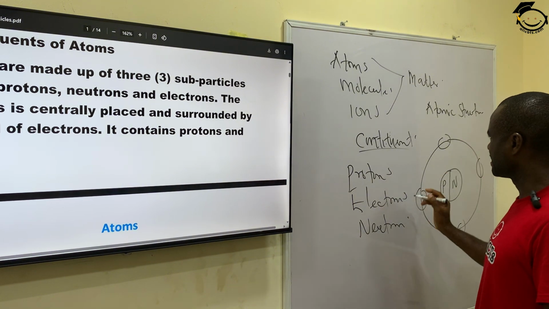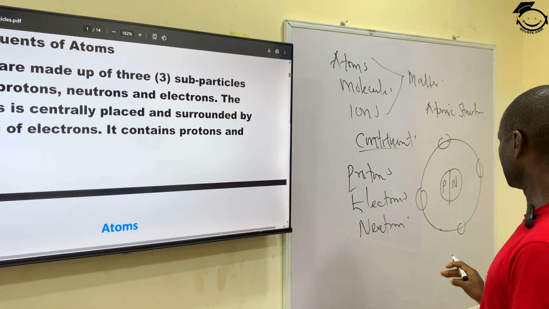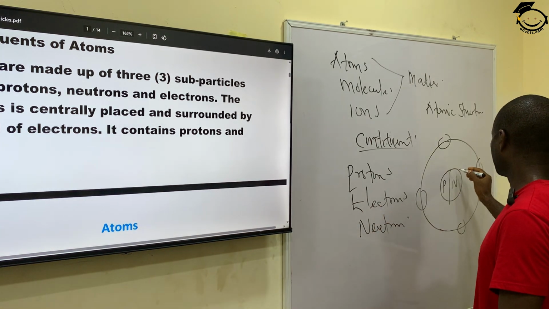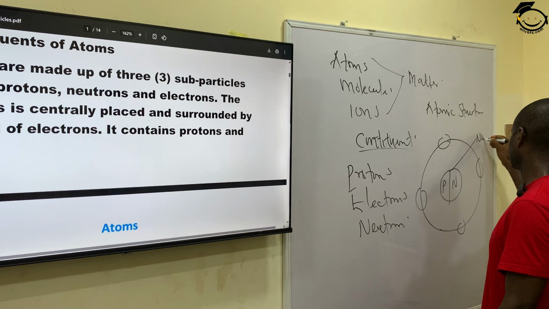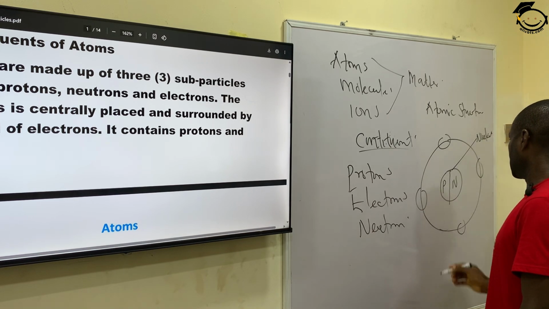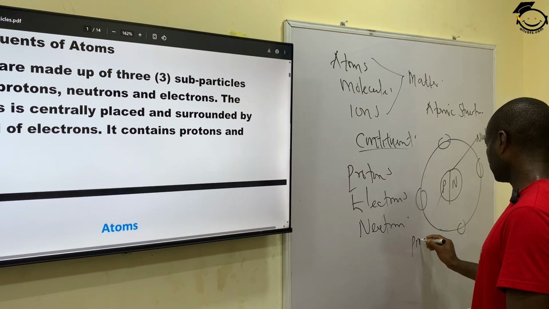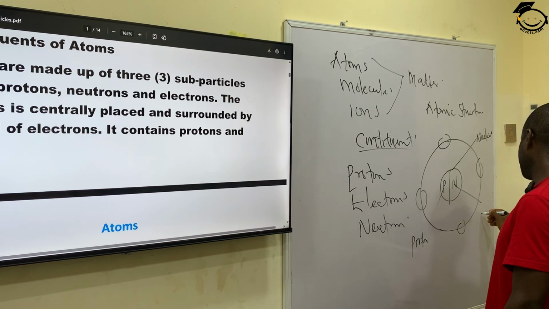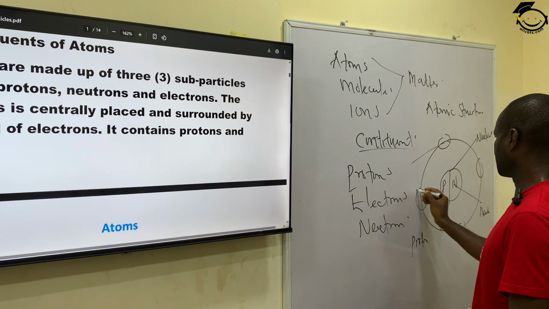So this is the basic structure of an atom. An atom has the central nucleus. This is the nucleus. This is the proton. And this is the neutron. And these are the electrons.